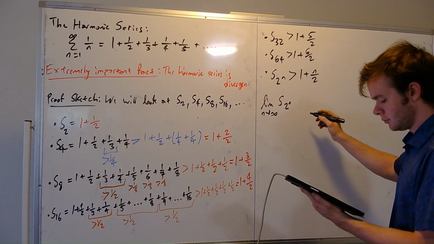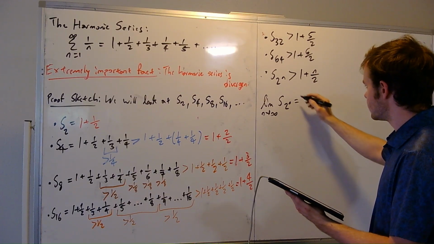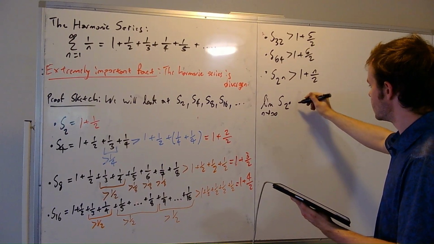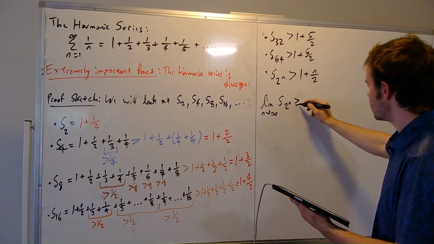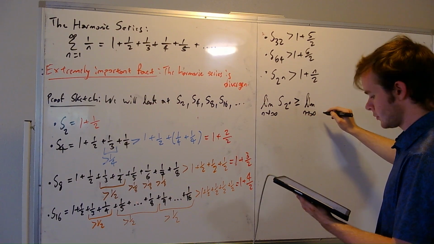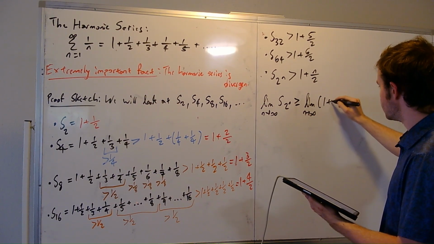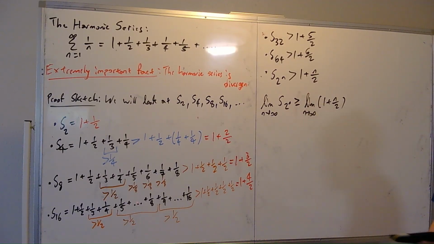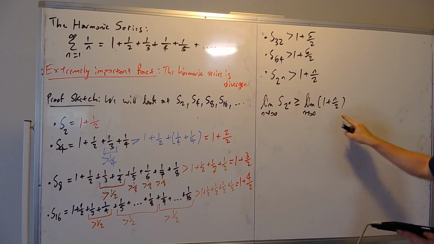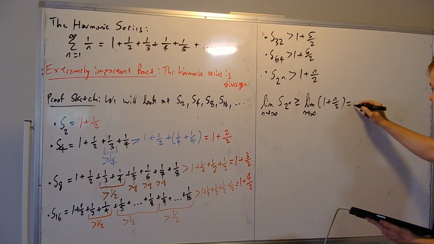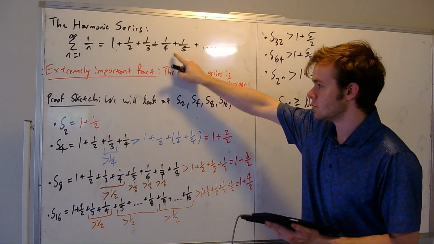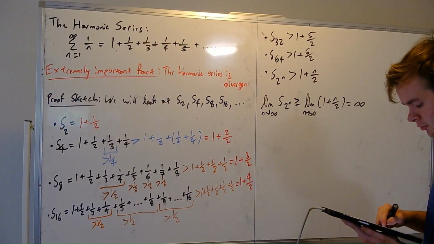So this is greater than or equal to, sorry, that's what I meant to write, the limit as n goes to infinity of 1 plus n over 2. And now we can take this limit: if n is going to infinity, then this thing on the inside is also going to infinity. So this is infinity, right? So it turns out our answer is infinity. So if we add together all these terms, our answer is actually going to be infinity. That's what all that work showed.